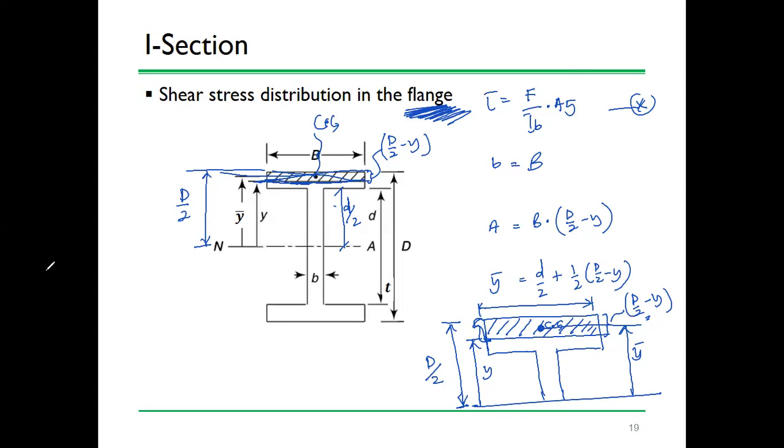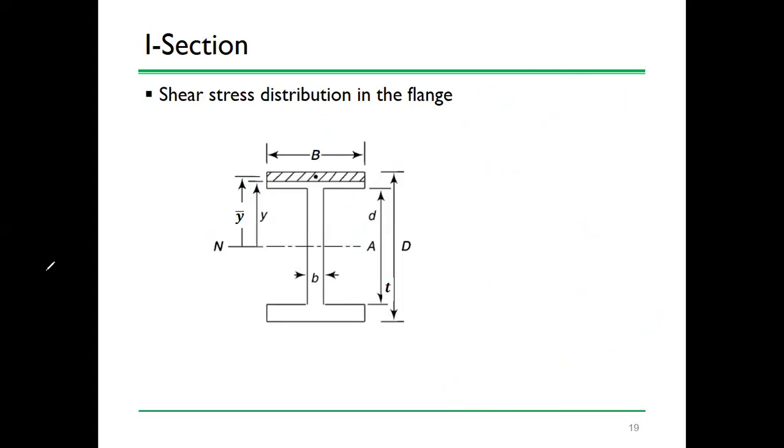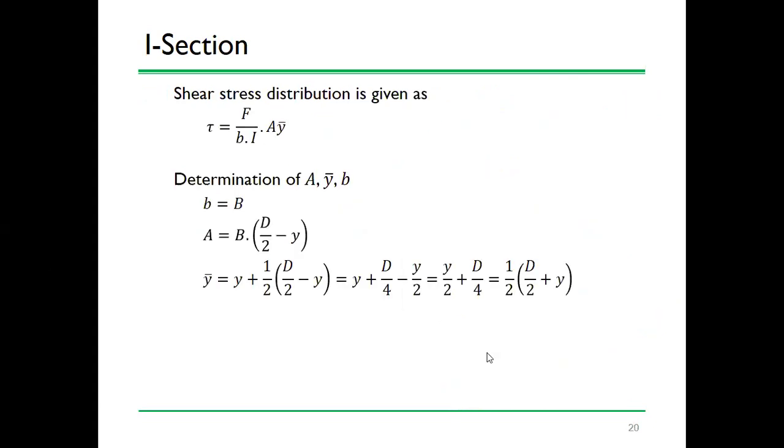I'm clearing the screen. Okay. So this is exactly what we did there. There's nothing new here. We have done this. This one has been further simplified to this. That's the only difference.